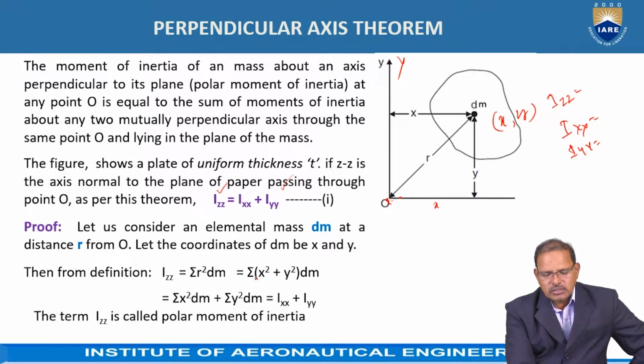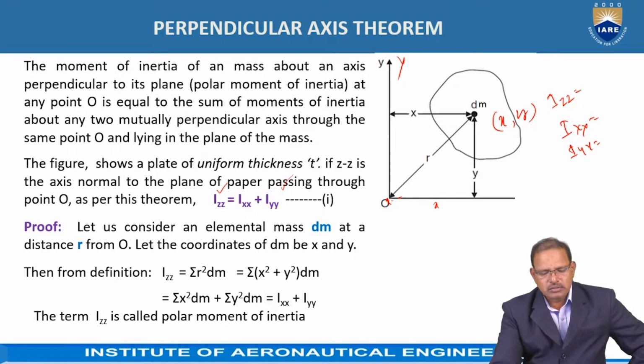Hence, Izz is equal to the sum of (x square plus y square) dm. It is equal to the sum of x square dm plus the sum of y square dm, which is equal to Ixx plus Iyy. Or in other words, Izz is equal to Ixx plus Iyy. This theorem is called the perpendicular axis theorem for polar moment of inertia.